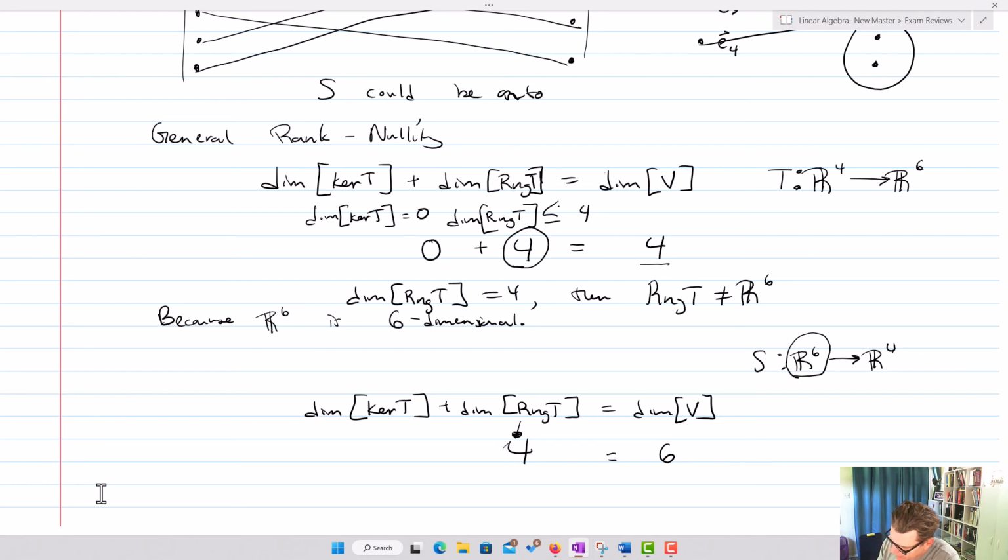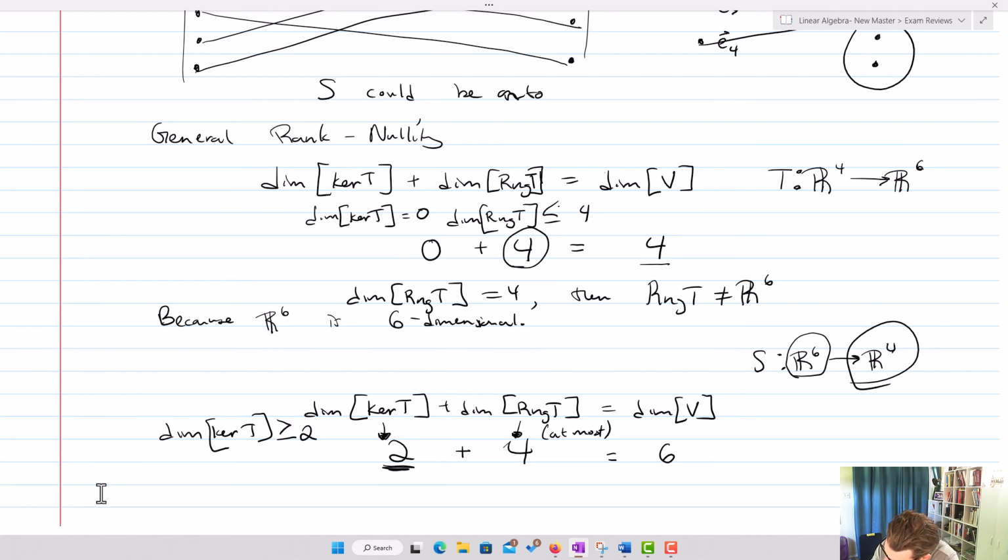We've got the dimension of the range of T equal to 4, at most, right? Because it's in R4. And then the dimension of the kernel of T has to be, not less than, but greater than or equal to 2, right? At least 2.